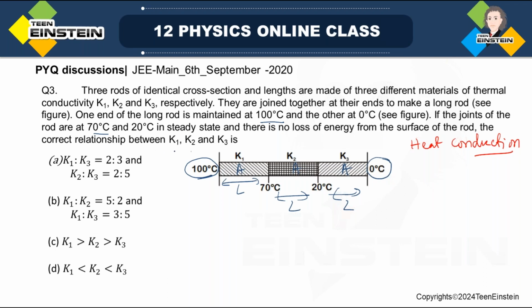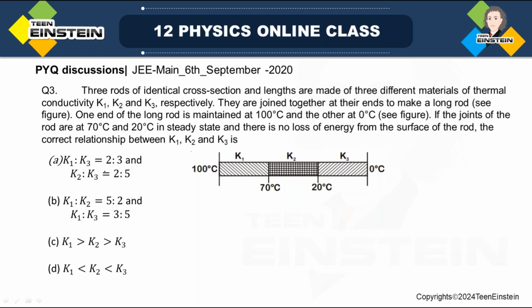The correct relationship between K1, K2, K3 is, so I have to find out the correct relationship between K1, K2, K3. There are a few options given here. K1 is to K3 is equal to 2 is to 3. K2 is to K3 is equal to 2 is to 5. And similarly, K1 is to K2 is equal to 5 is to 2.